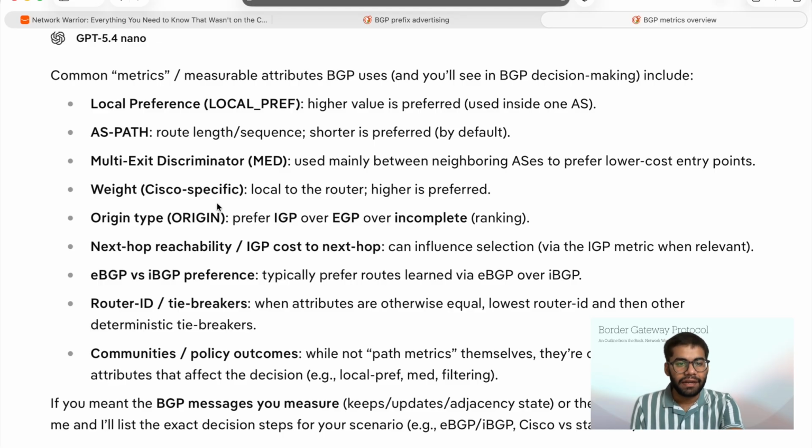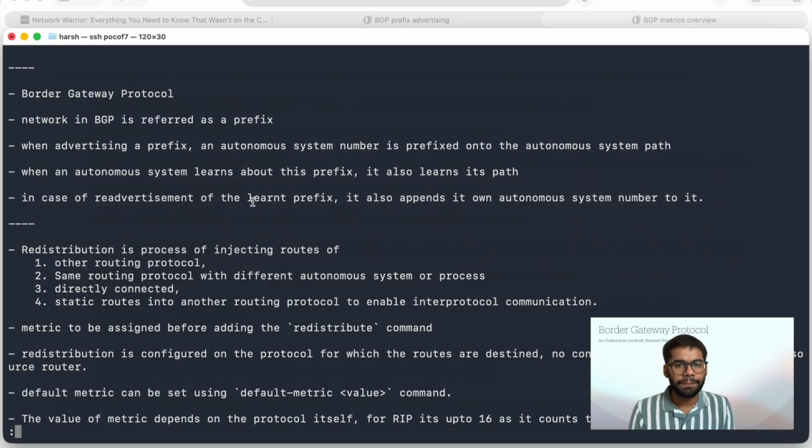Okay. Now, going back to our terminal, when advertising a prefix, an autonomous system number is prefixed onto the autonomous system path. I just told you how this works, prefixing of the autonomous system over the network.